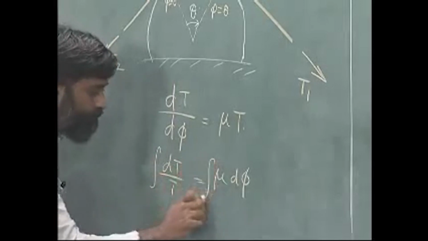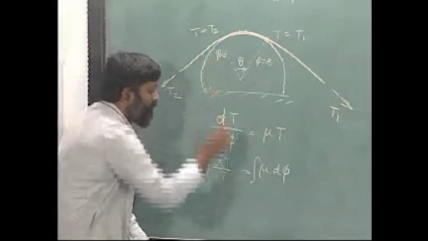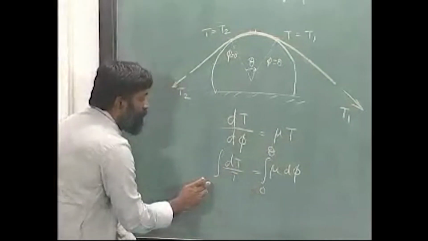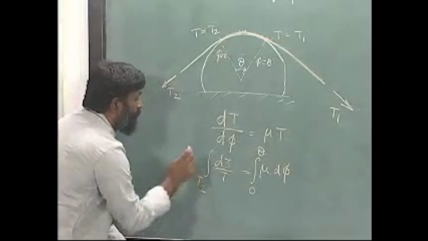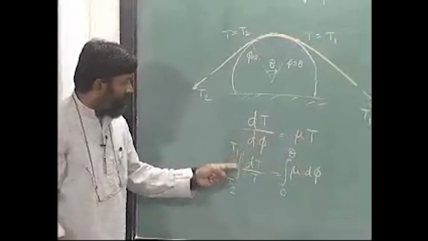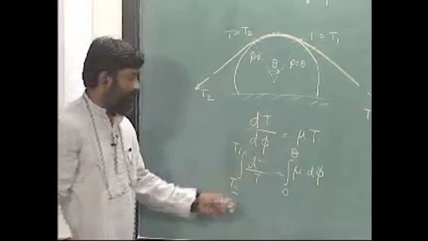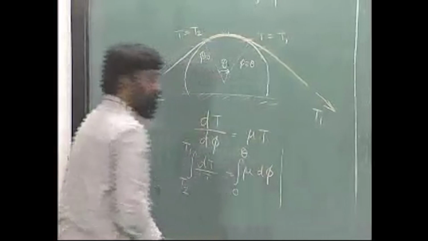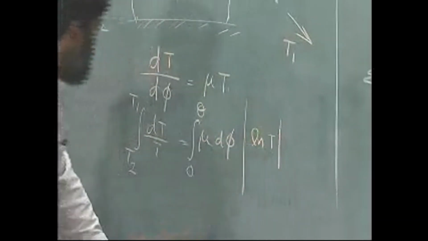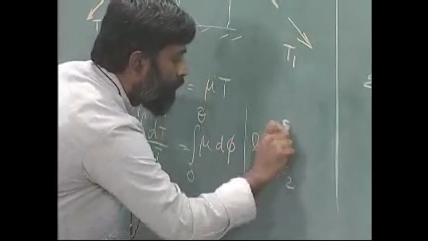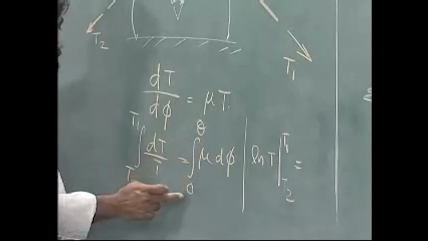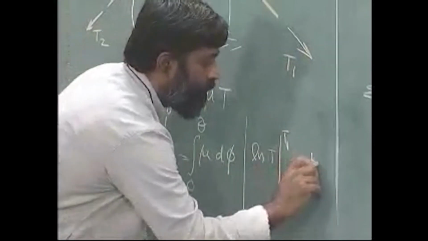Integrating, this limit is from φ equal to 0 to θ. At φ equal to 0 it is T2 and this is equal to T1. dT/T integrated will give me ln T, the natural logarithm of T. So the natural logarithm of T ranging from T2 to T1 is equal to μ times θ minus μ times 0, which is μ times θ.